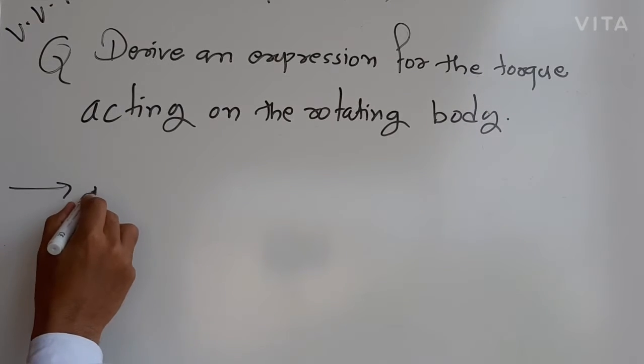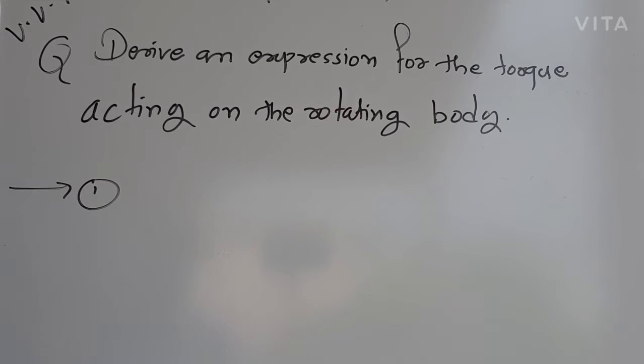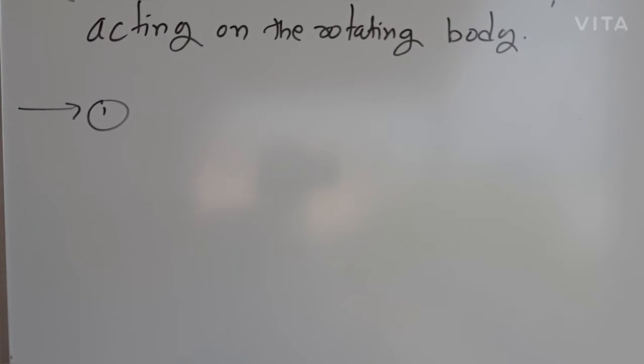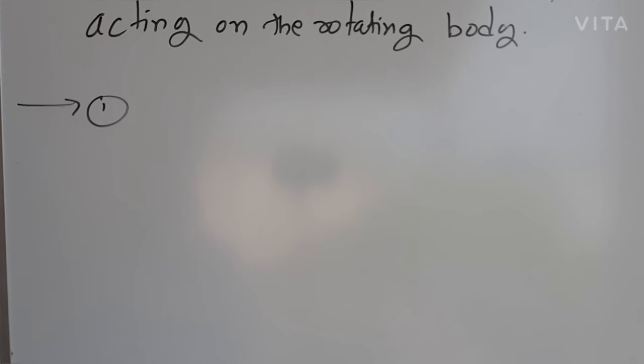And we know that the answer of this question is expressed in 4 points: consideration, diagram, notation and mathematical part. The simplicity is that these 4 points are quite similar to the previous derivation of the rotational kinetic energy.